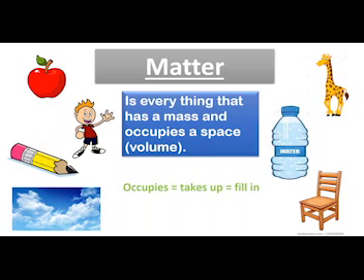Occupies means takes up or fills in. So matter is everything that has mass and occupies or fills in a space. Repeat after me. Matter is everything that has mass and occupies a space.